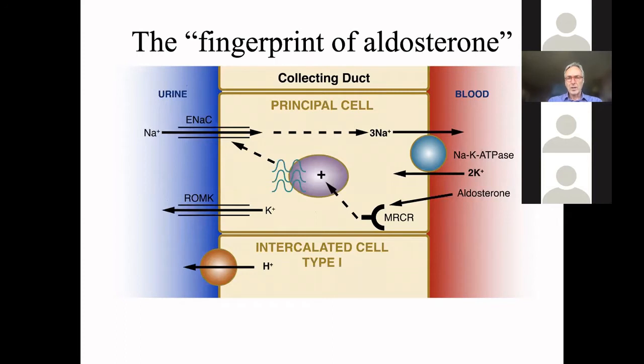And then here we come to this fingerprint, the biochemical fingerprint of hypokalemic, hypochloremic metabolic alkalosis. And this is predominantly because of the activated sodium reabsorption here in the collecting duct. This is mediated by aldosterone, and we saw at the beginning that his aldosterone levels were elevated because of the volume contraction from the salt wasting.